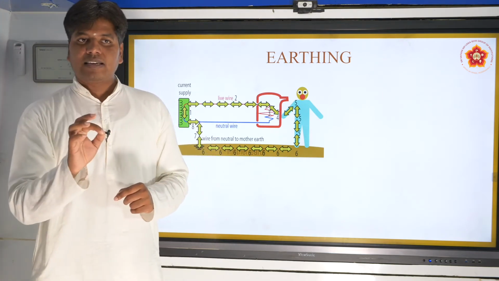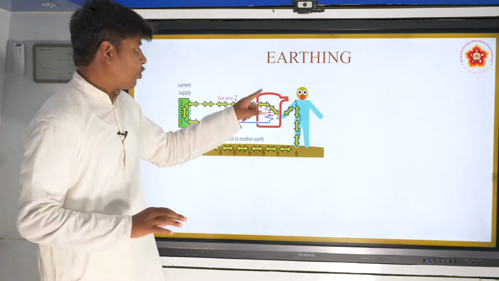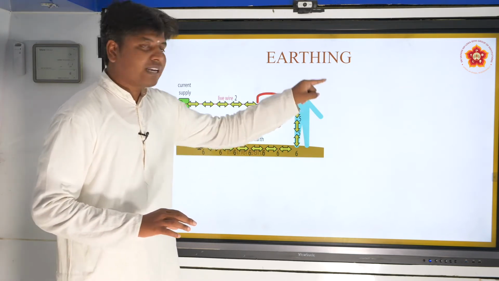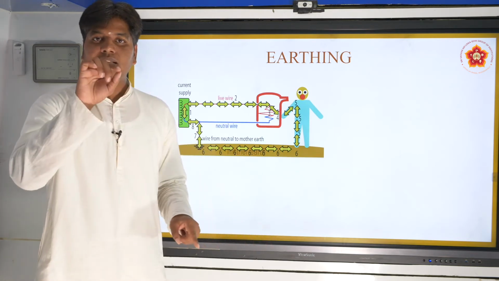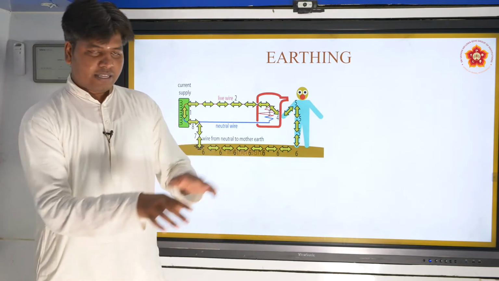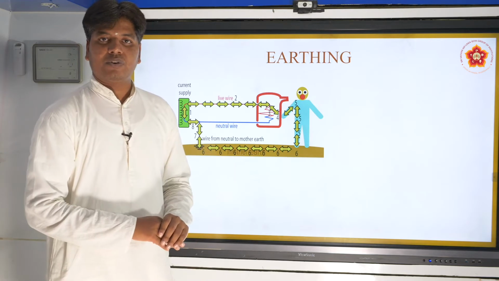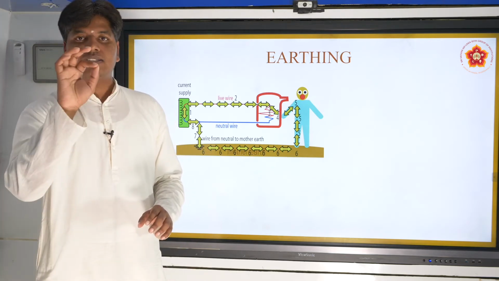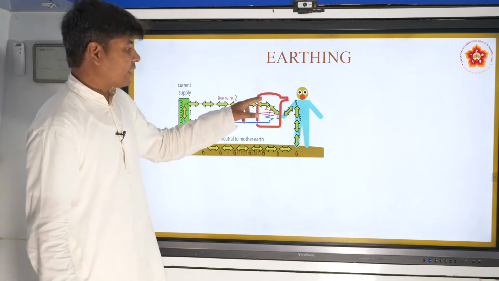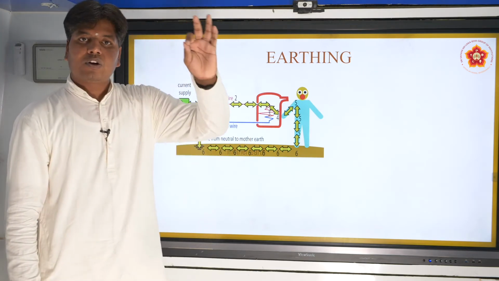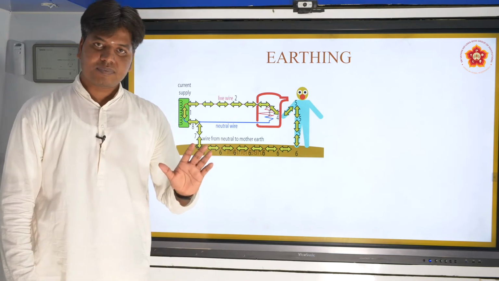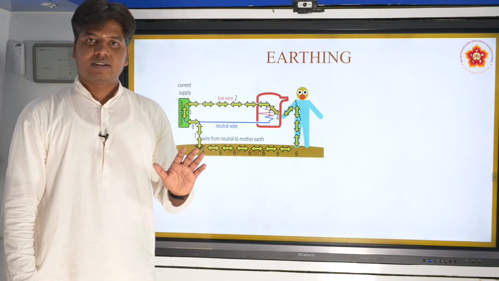If in case any leakage of current is going on the conductor, what happens? It goes directly inside the earth. The earth wire is connected near your house and dug inside the ground, so that the excess charge, that leakage of charge which is going on the conductor, will be passing through the earth wire and going inside the earth. Right?